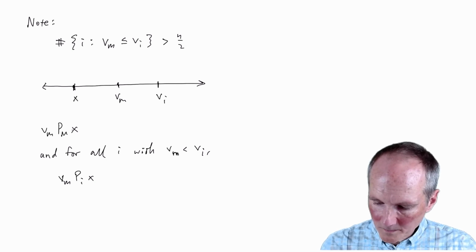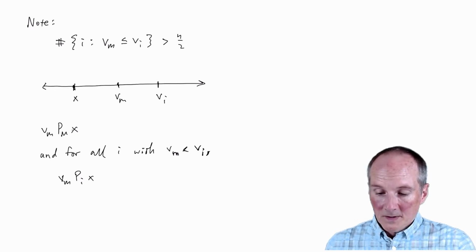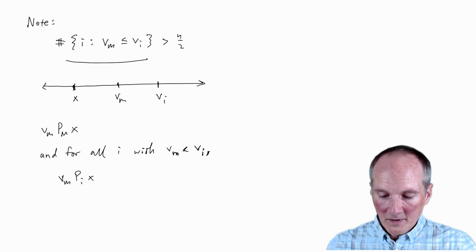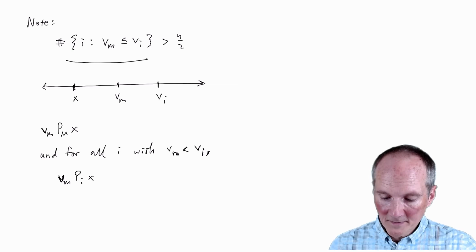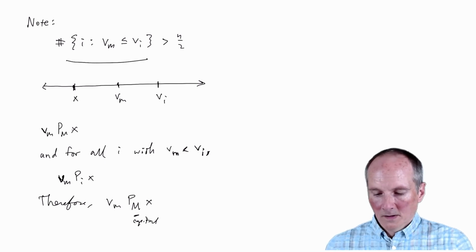Okay, so then we have a group, it's a majority, they all prefer the median ideal point to x, and therefore the median's ideal point is majority preferred to x. This is a capital M here, right?